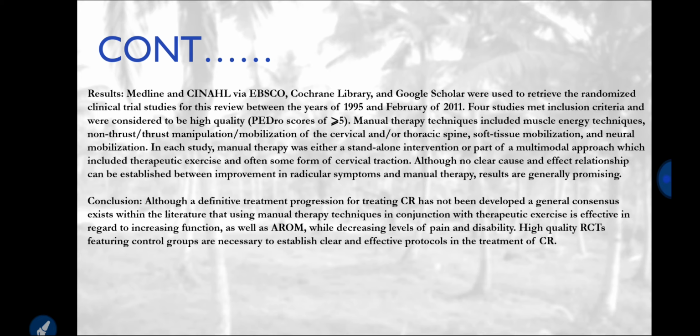A general consensus exists in the literature that using manual therapy technique in conjunction with therapeutic exercise is effective in regard to increasing function and active range of motion, while decreasing level of pain and disability. High quality RCTs featuring control group are necessary to establish clear and effective protocol and treatment of CR.